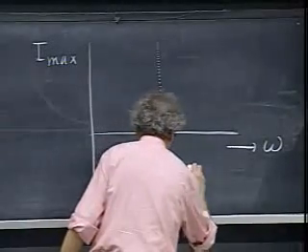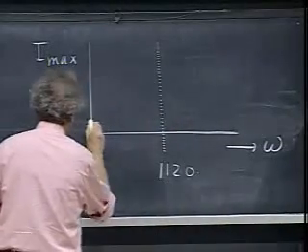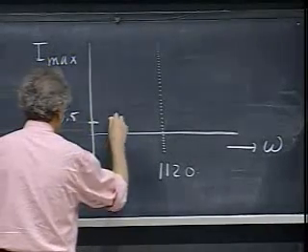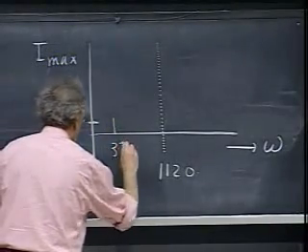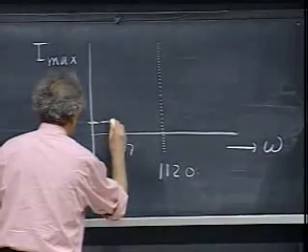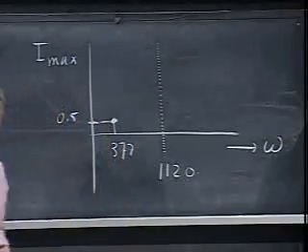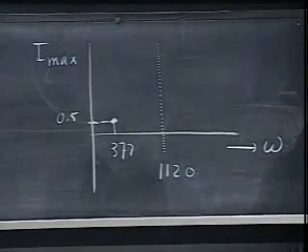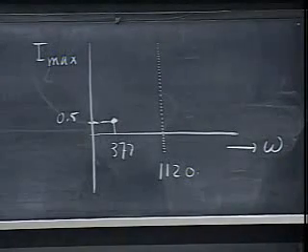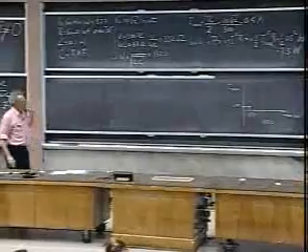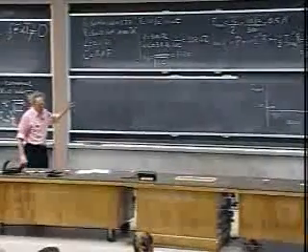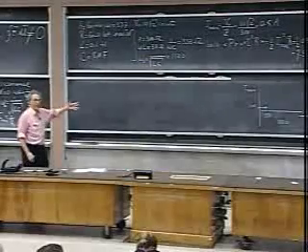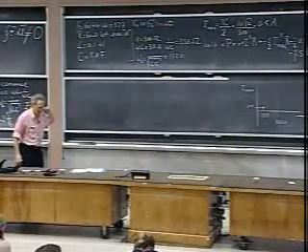When the resonance was at 1120, we had about 0.5 amperes at our value of 377. So this is 1 point of our I max versus omega curve. I can now ask the question, if we drive the system at resonance, what then would have been the maximum current? We're not driving it at resonance, but suppose we had driven it at resonance.